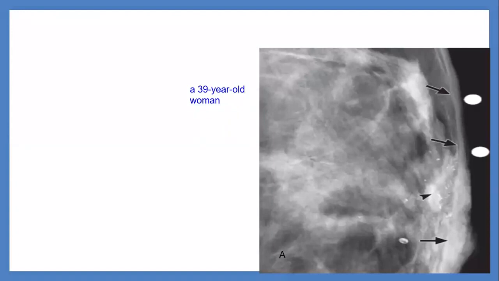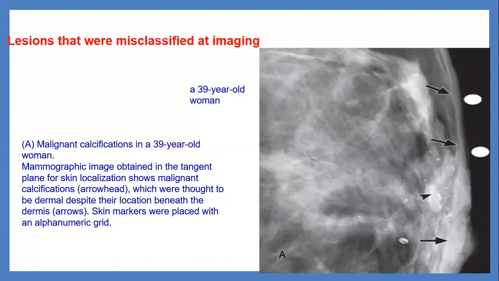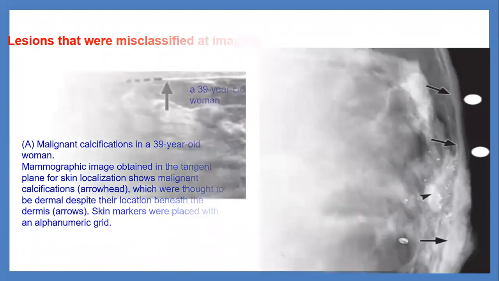That is why mostly it will be classified as a skin lesion, which is not the case. It is a malignant lesion, but is not related to the skin. These lesions are misclassified as skin calcifications.